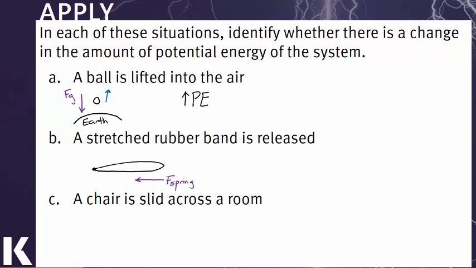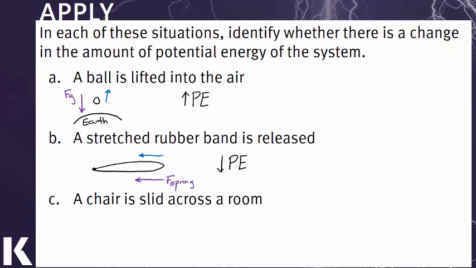Now let's think about our motion. If it's released, this rubber band is going to snap backwards, hopefully not hitting anybody in the face. But our motion is in the same direction as our force, so this would give us a decrease in our potential energy.